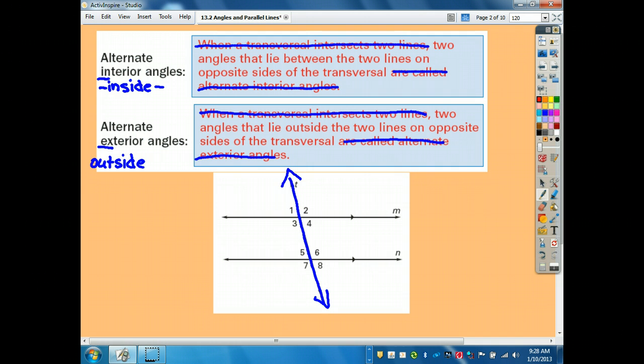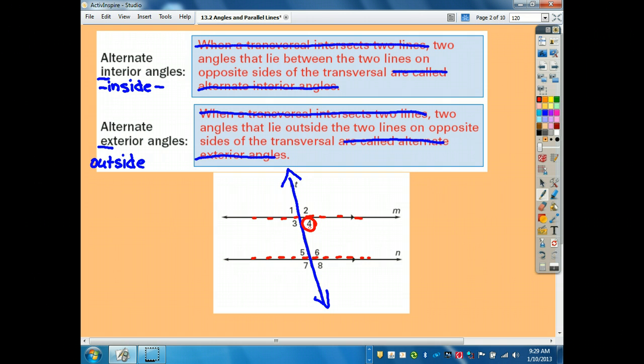Use red. And you kind of have to tilt your head. I wish I could spin this around, but if I pick angle number 4, notice that is on the inside of the two lines. I have the number 4. It's inside these two lines.